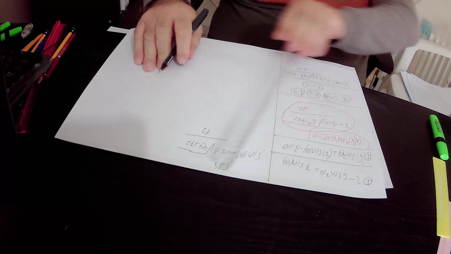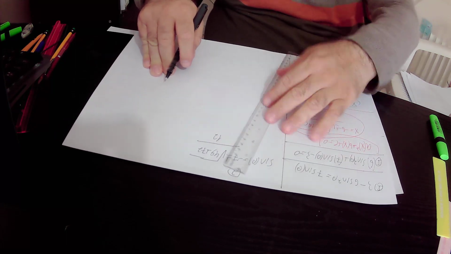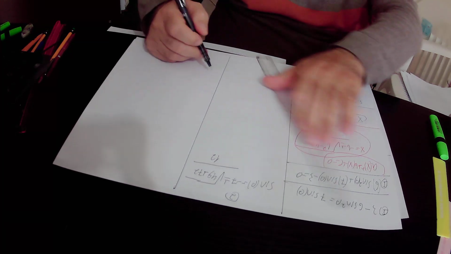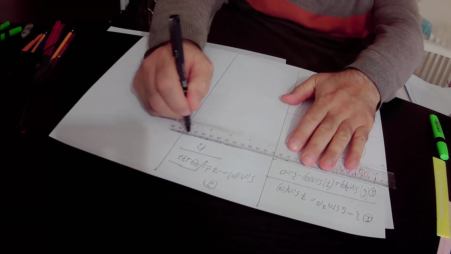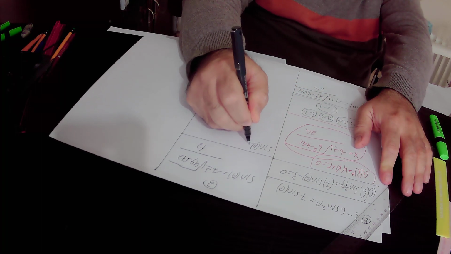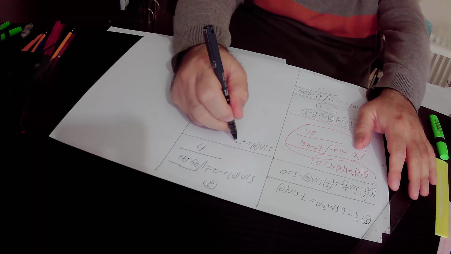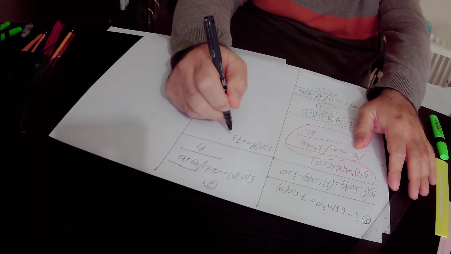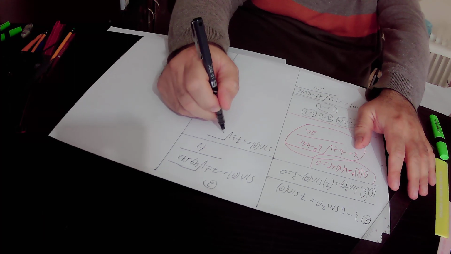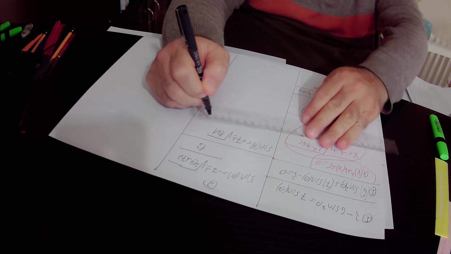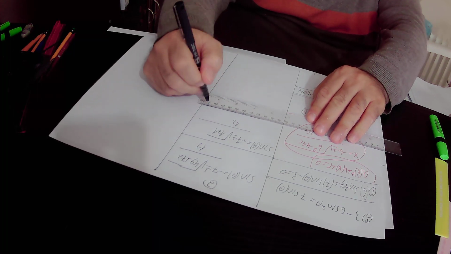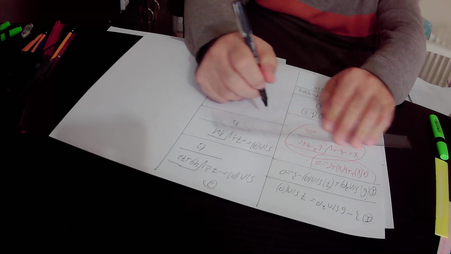So sine theta is equal to minus 7 plus or minus the square root of 49 plus 72, which is 121, over 12, and the square root of 121 is 11.